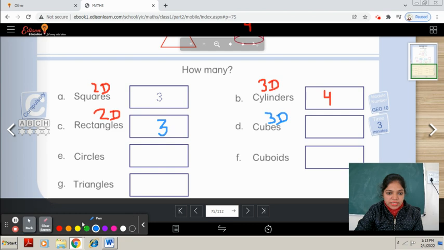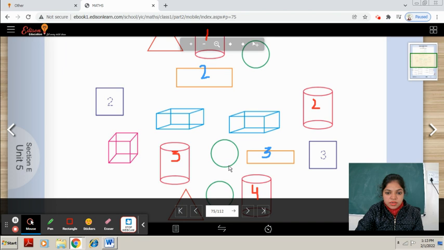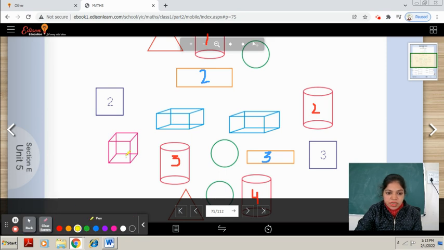So we will write 1 because there is one cube. So you can see this is a cube, right? And this is a cuboid. You can see students, this is a cube, right? And this is a cuboid.